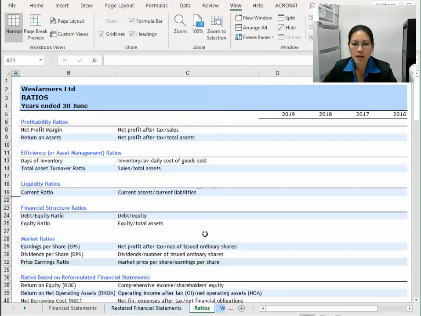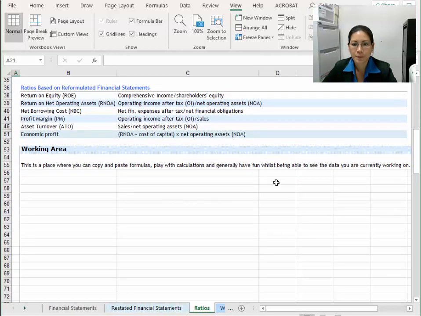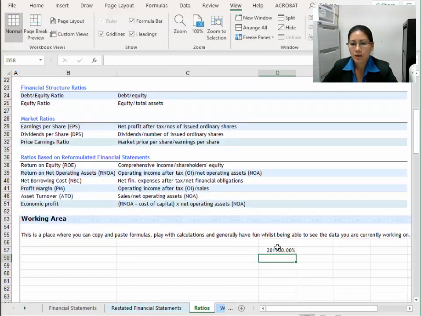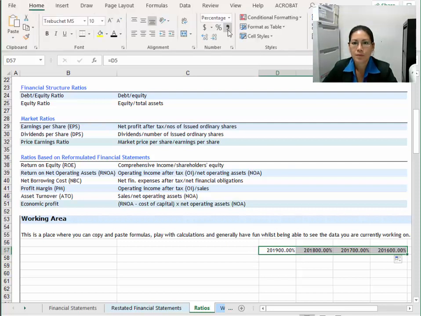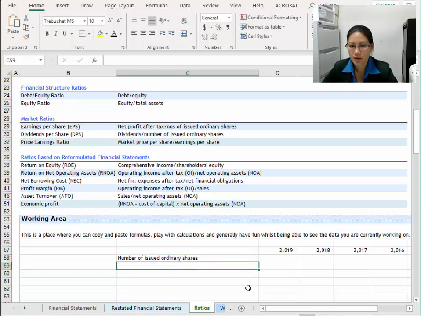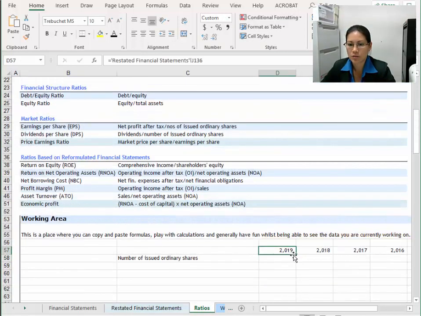So let's go on and set that up. Right at the bottom of the ratios tab, we'll go down. Let's link the years first. And let's call this one number of issued ordinary shares. Actually, you know what I could have linked to? Let's link straight here. Just link your years so it looks nice.